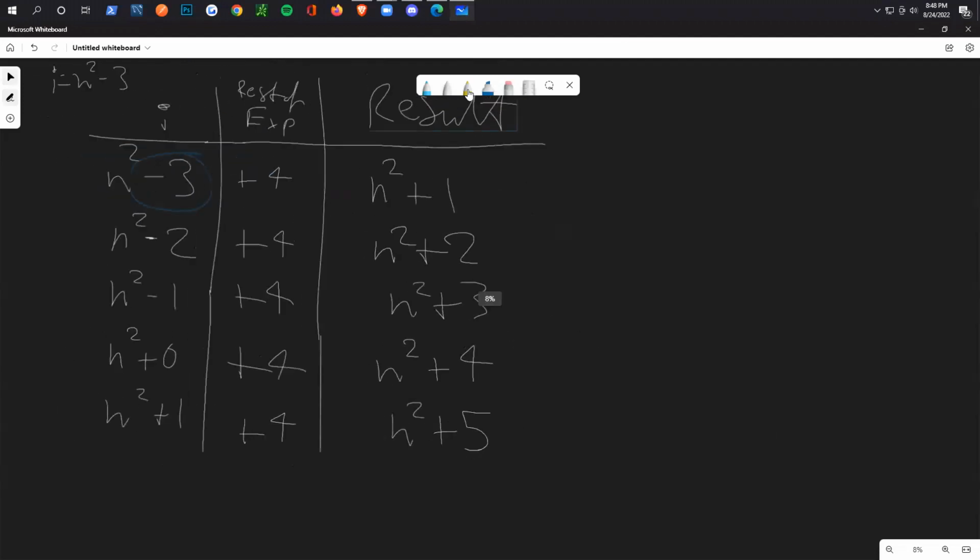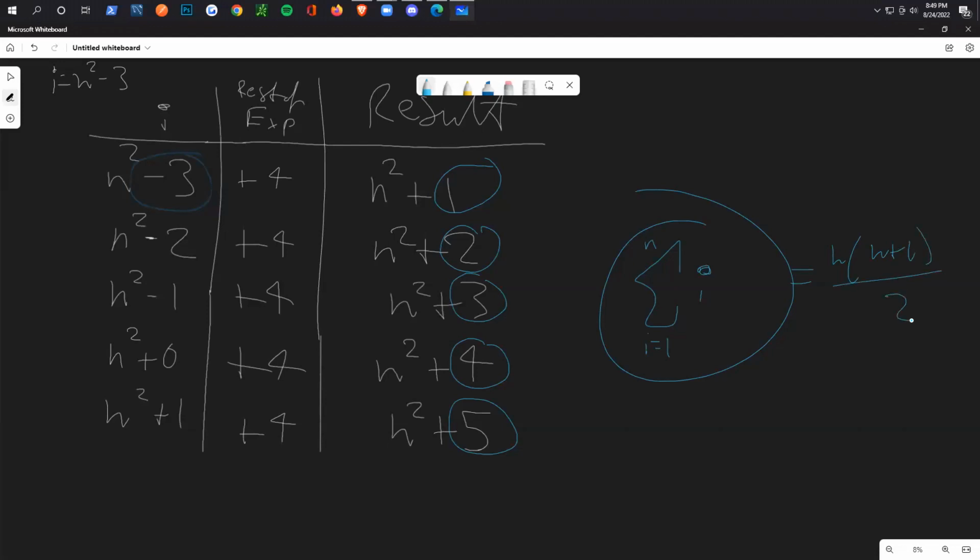So as we notice, the first iteration, we have a +1. Second +2. Third +3. 4 and 5. So this is running on the same type of logic as a regular summation that we're used to, like the whole n times n plus 1 all over 2. So this is the whole way it's running.